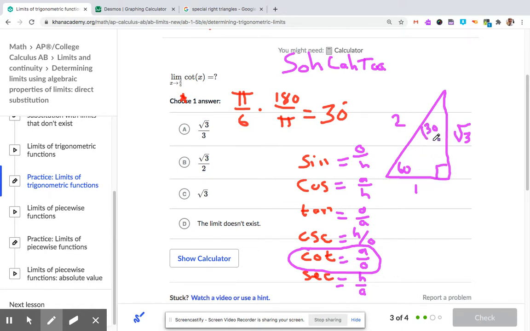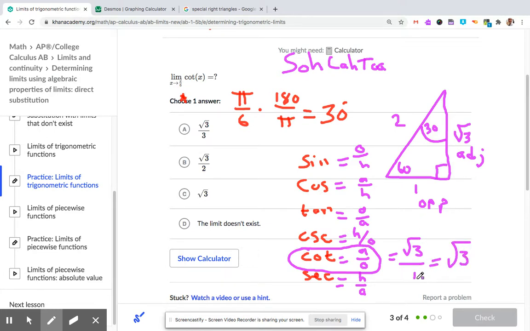We're looking at 30 degrees here. The cotangent is adjacent, so that would be this side, over opposite. Opposite is over here from our 30 degrees. So the cotangent is adjacent, radical 3, over opposite 1, or just radical 3.